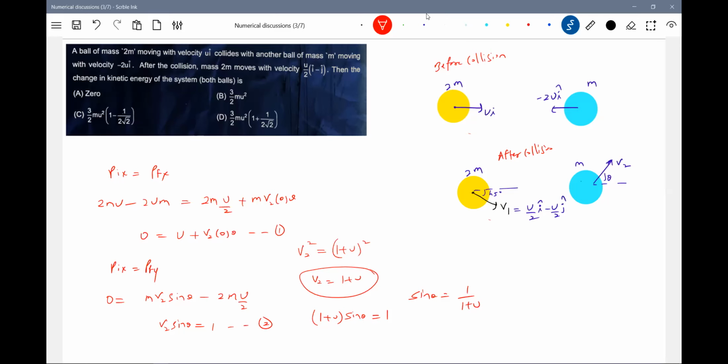What about the change in kinetic energy? Delta K we should write as mv2 square. Sir, v2 sin theta equal to u. That u I missed.